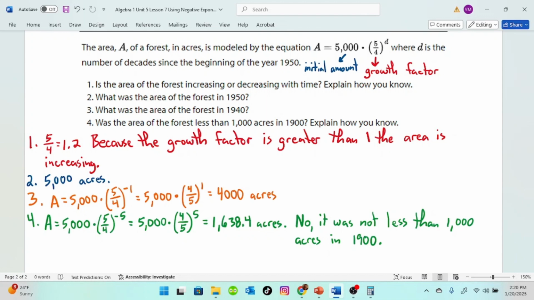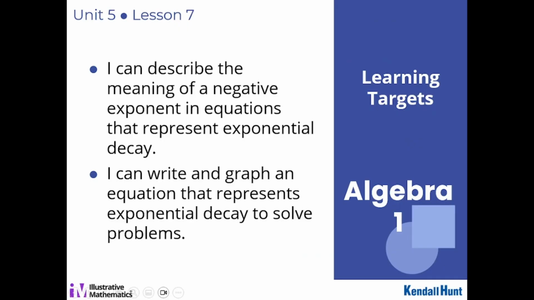Now let's take a moment before we finish and look back at our learning targets for this lesson. Now we can look at the learning targets and ensure that you feel comfortable making both of these statements.